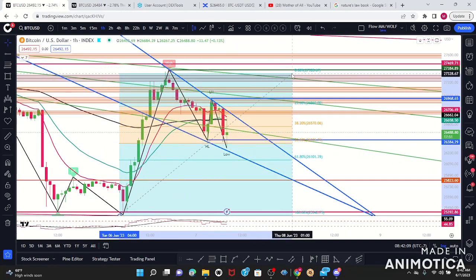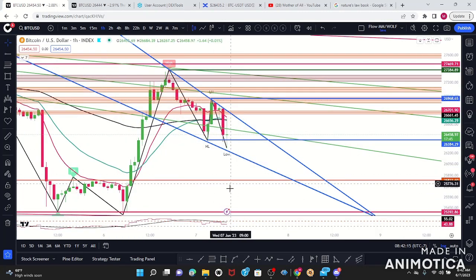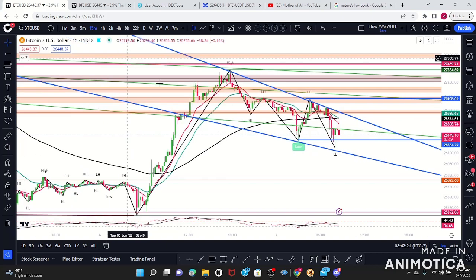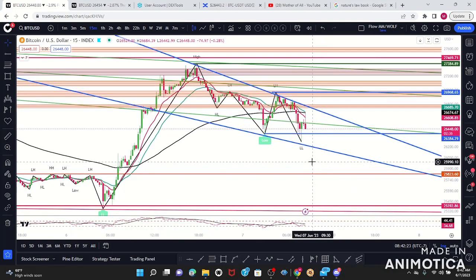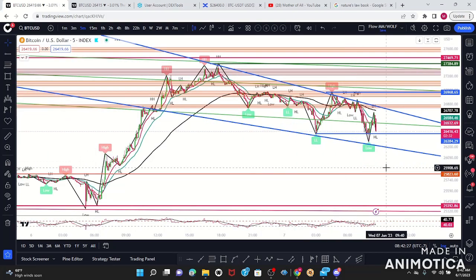And this itself is just going to tell me that we came back for a 50% retrace. So it would make sense to bounce off from here. Maybe. That's pretty bearish. Wow.